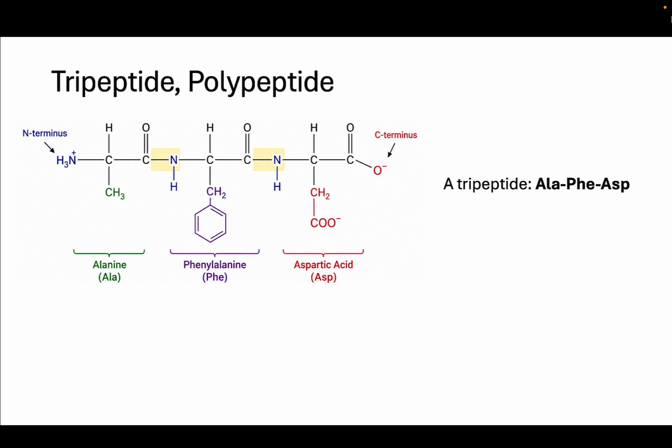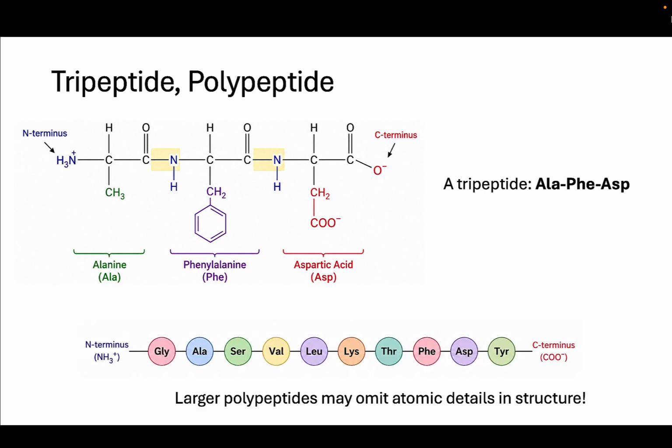And note here that the third amino acid, this aspartic acid, has a charge. This has another COO minus on it. This is another carboxylic acid that's deprotonated. We will see charged groups on these side chains as well. And as we move towards protein structure, we'll see that this defines the structure of the proteins also. For larger polypeptides, we're probably going to start omitting the side chains that aren't totally relevant, or all of them, just to show the sequence.